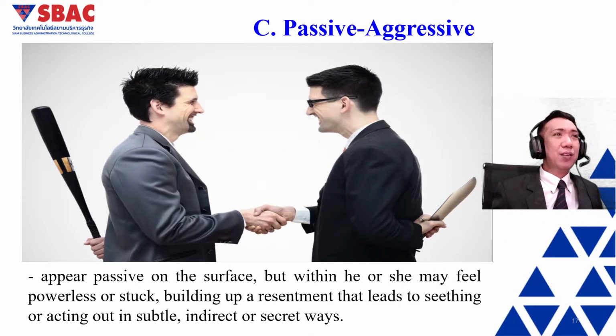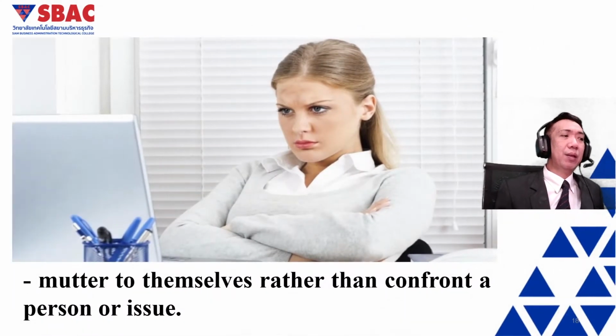Next is the passive aggressive individual. They appear passive on the surface, but within, he or she may feel powerless or stuck, building up a resentment that leads to acting out in subtle, indirect, secret ways.